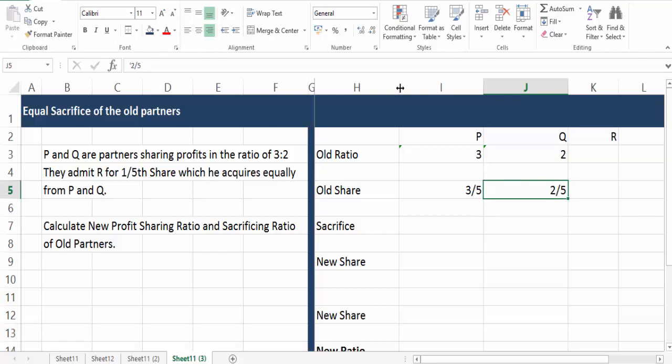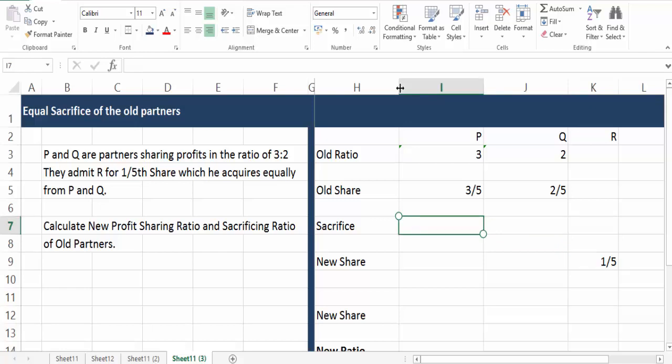And we know that P and Q are sacrificing equally for the 1/5 share of R. It means R is getting a share, so I'll call it the new share. R is getting 1/5. Now this 1/5 is equally contributed by P and Q. So what is the sacrifice made by P?